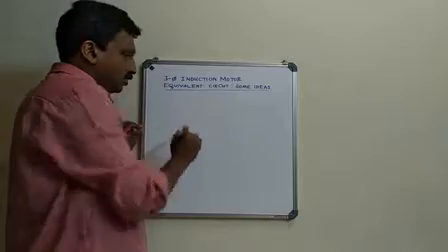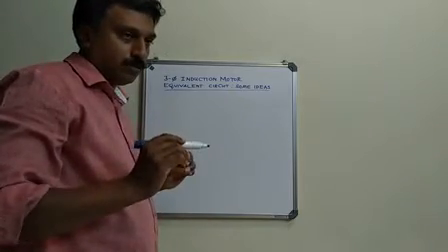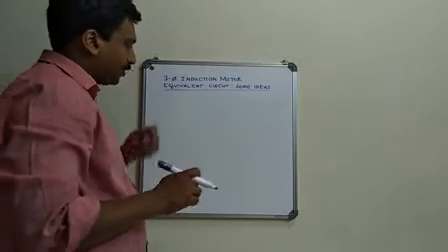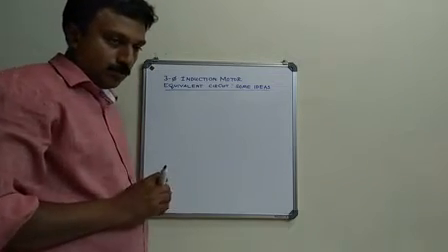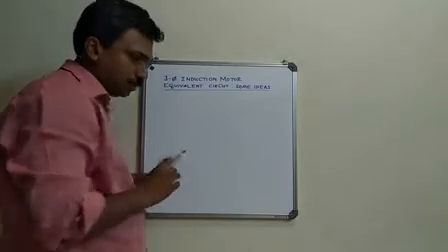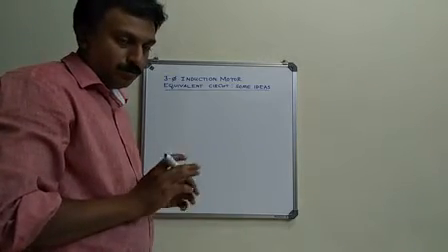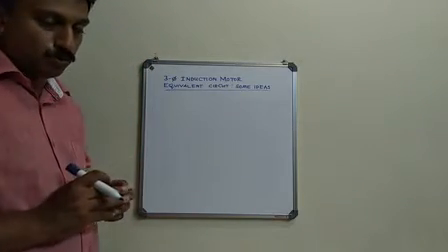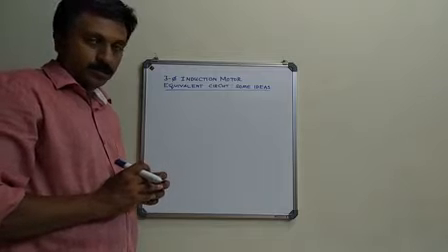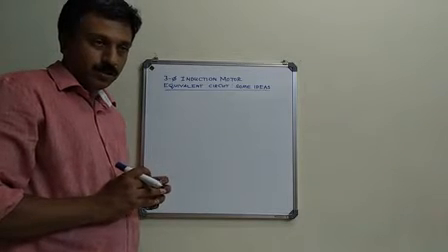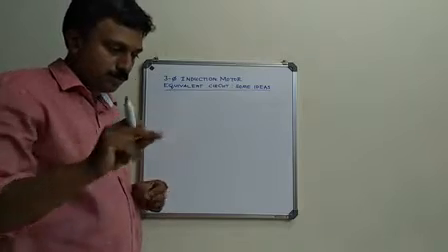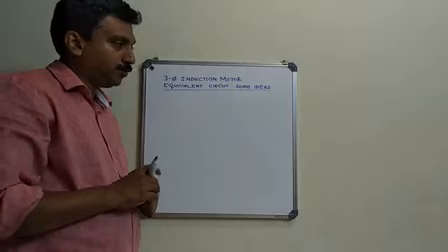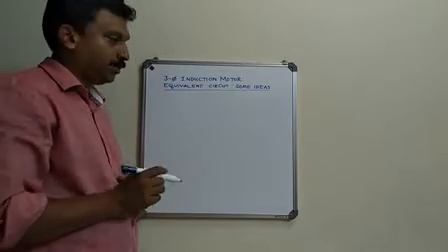Now, the induction motor, as you know, works on the principle of production of a revolving magnetic field. When you apply a balanced three-phase supply to a three-phase winding in the stator, with each winding separated by 120 degrees in geometrical space, you get a revolving field.